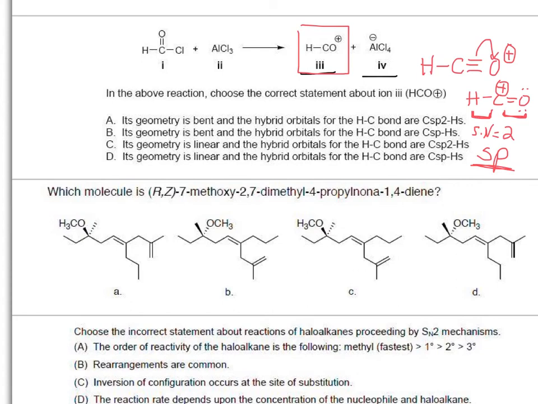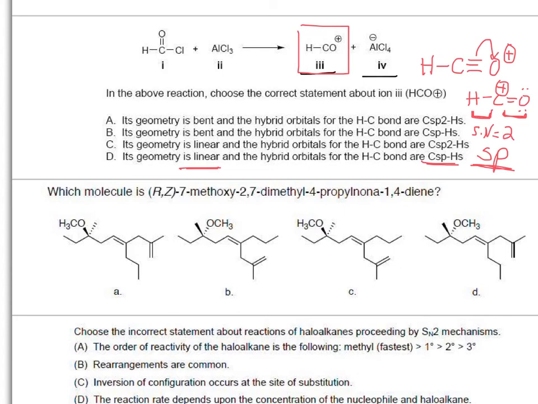And the shape of that would be linear. And so the hybrid orbitals for that CH bond will be the sp hybridization on carbon and the s orbital on H. So this is similar to what we have done in chapter 1, quiz questions. I remember 1 or 2 questions from your quiz, so it's pretty pertinent.